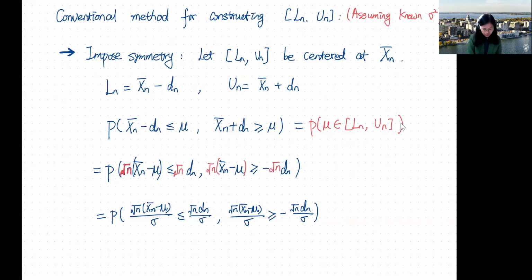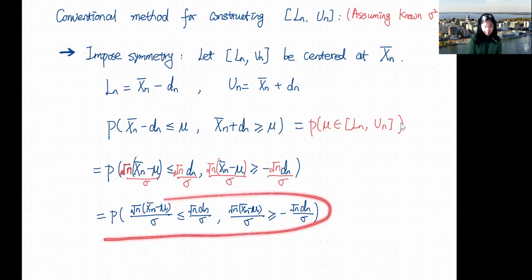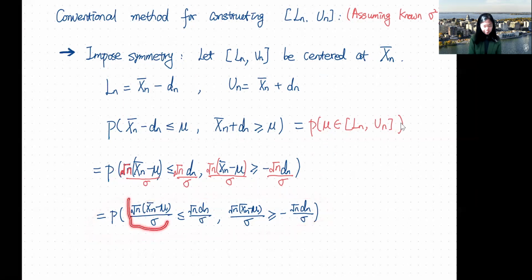And now I can also divide both sides by sigma, the standard deviation of the population. What I obtain is this last line. This recentered and rescaled sample average is less than or equal to root n Dn divided by sigma, and greater than or equal to the negative of that.